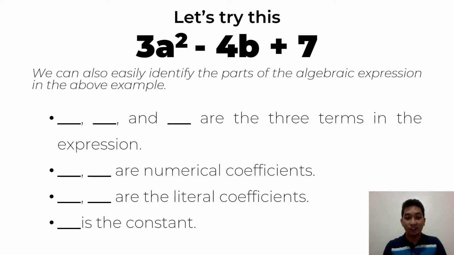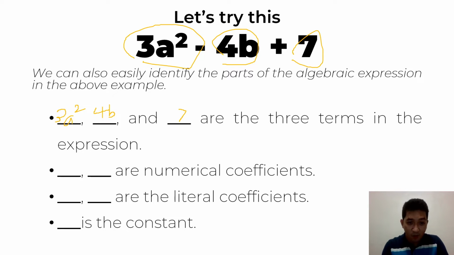So what are the three terms? The first one, we have 3a squared. And then we have the second term, which is 4b. And then the last term is, of course, 7.